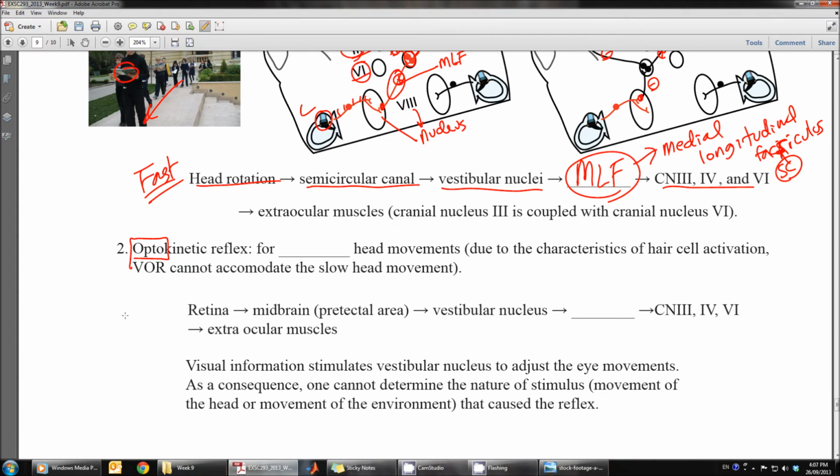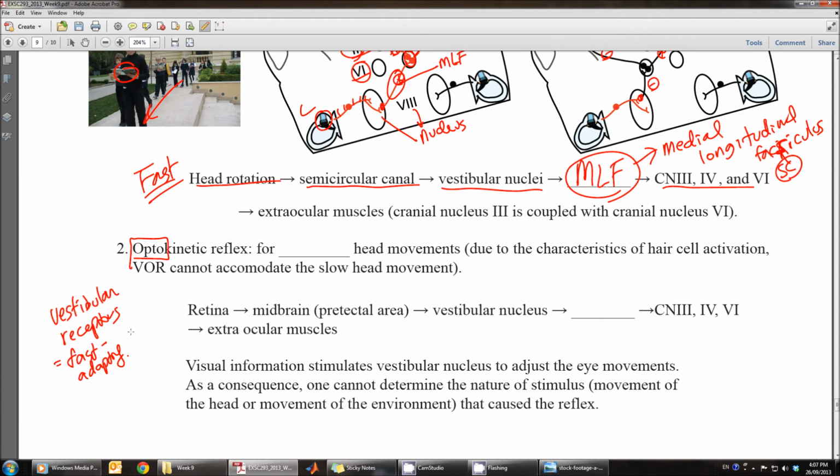And the reason for this is that the hair cells, or let's say the vestibular apparatus receptors, are fast adapting receptors, which means they're not sensitive to slow or prolonged rotation.